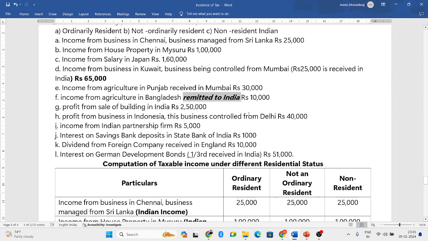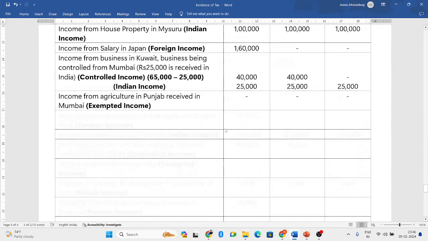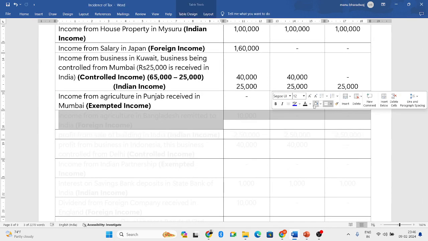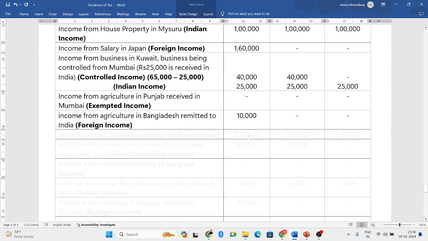Income from agriculture in Bangladesh. So the arising aspect is outside India. The receiving aspect is also outside India. When both the aspects are outside India, it is considered as foreign income and it is a foreign income from other sources. So only the ordinary resident will be taxed.